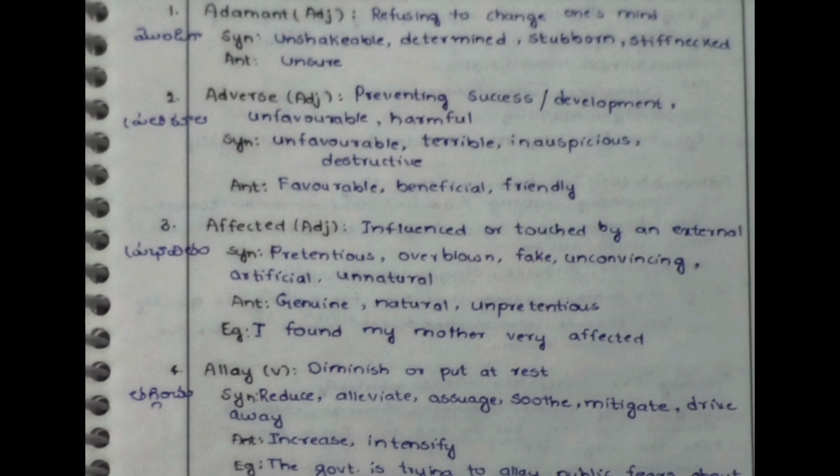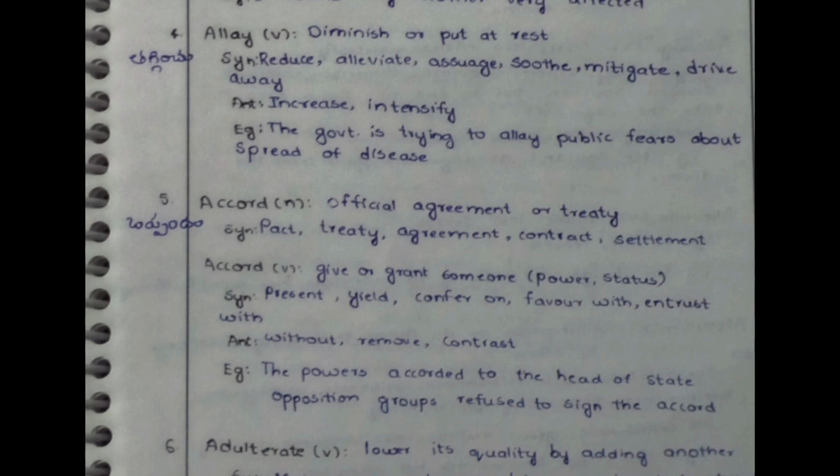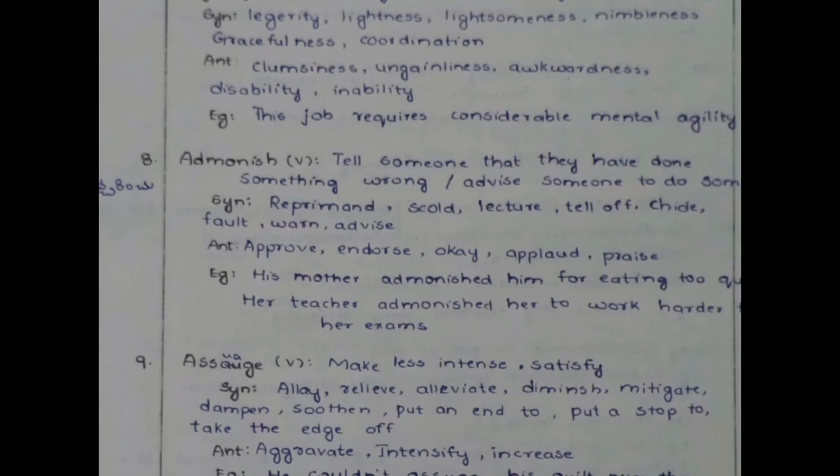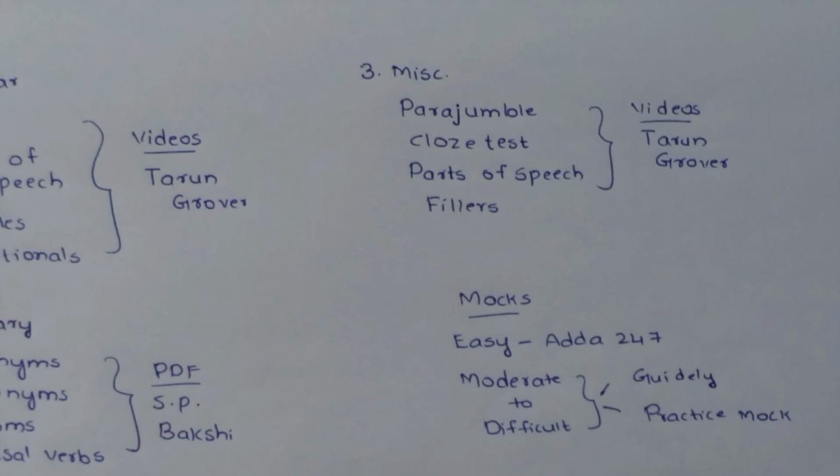If on the first day you go with quants and English, the next day you go with reasoning and English, and the third day quants and English. In this way, every day start preparing any two subjects, make notes, and revise whatever you learned the previous day. Practice every day for 20 to 30 minutes whatever you have learned, with a timer.